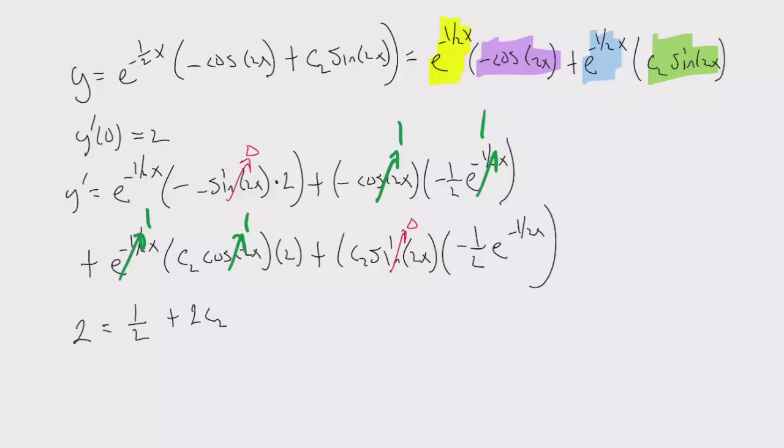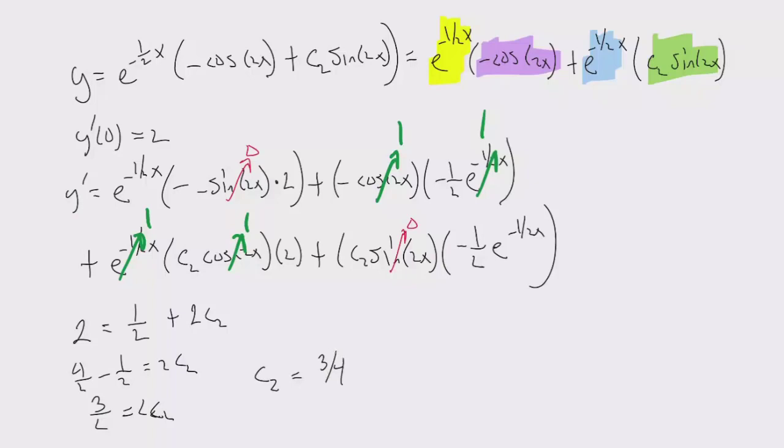So that would be 2 minus a half, which is 4/2 minus 1/2, equals 2C2. So 3/2 equals 2C2. So C2 would have to be 3/4.